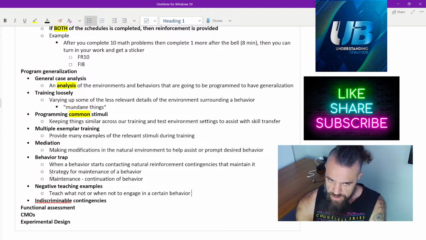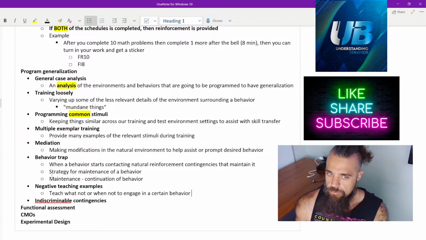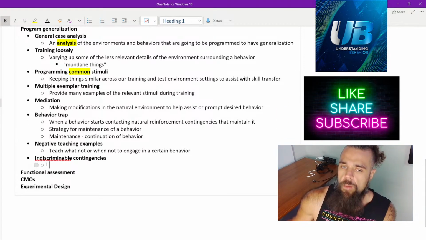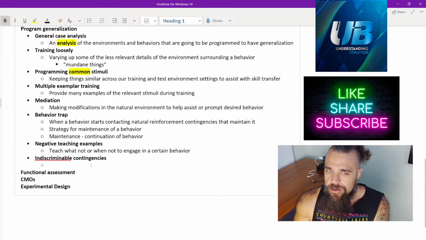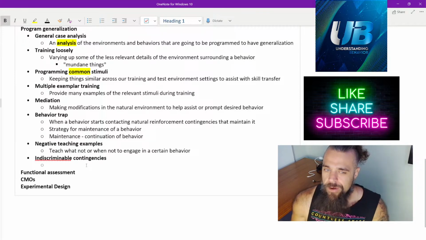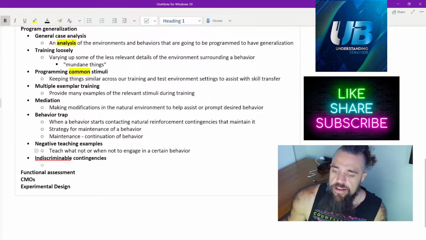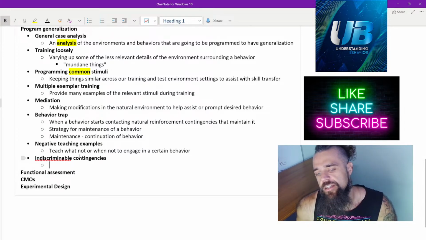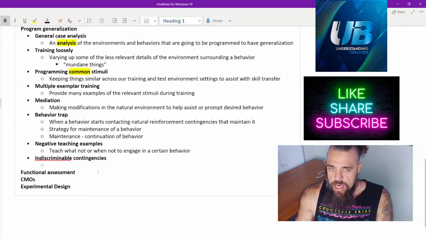Excellent. So negative teaching examples, fairly straightforward. Now this word, indiscriminable. Indiscriminable is the opposite of discriminable. When we have discriminable stimuli or discriminable contingencies, that means we have stimuli associated with different contingencies. In other words, we have SDs and S deltas.